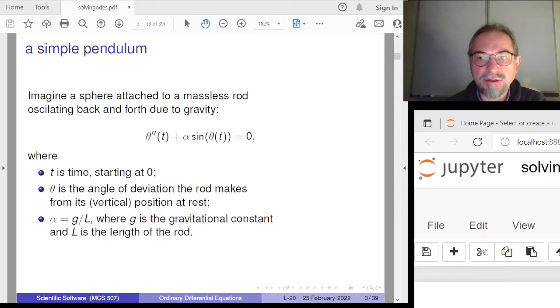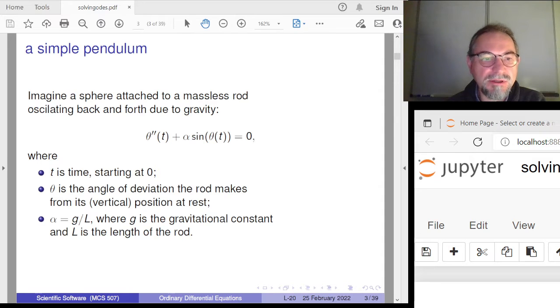We look at a ball attached to some cord, and it's oscillating back and forth. The object is subject to gravity, and it starts at rest at time t, but with an angle theta that deviates from the equilibrium position. So it swings back and forth. With Newton's law, the differential equation is written down here.